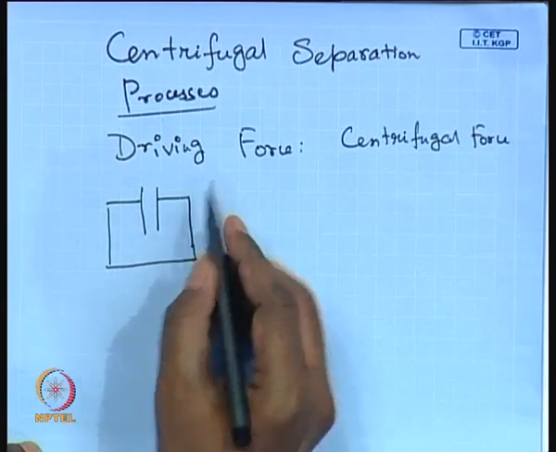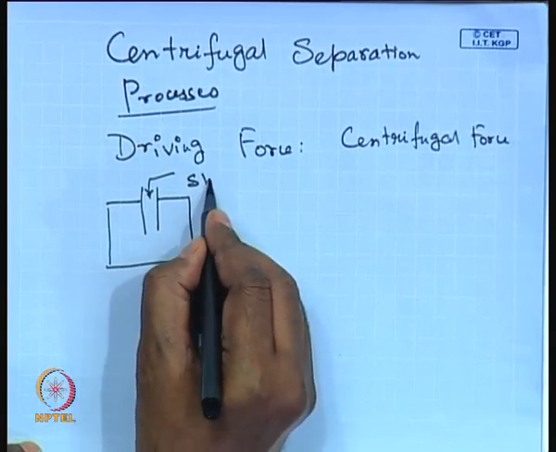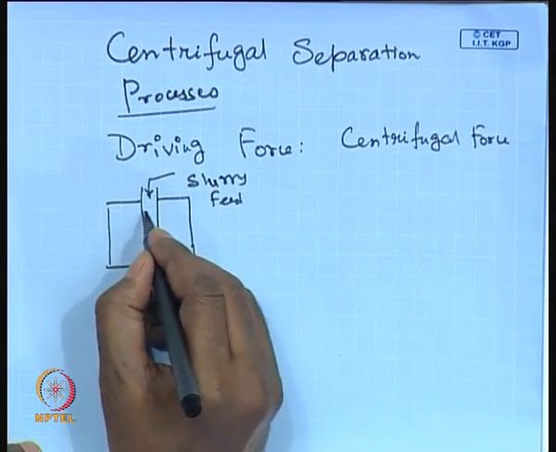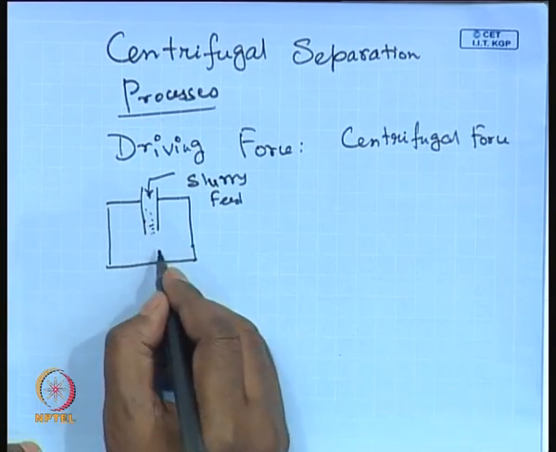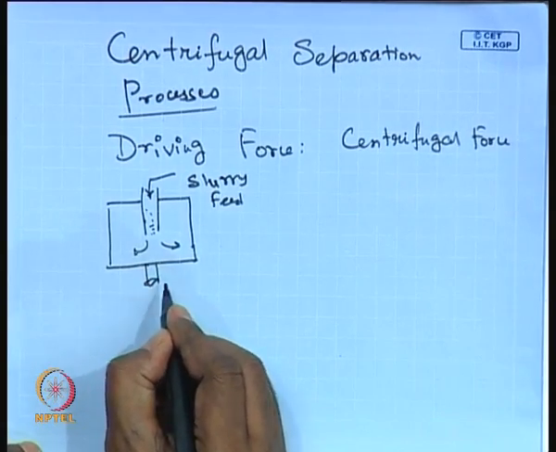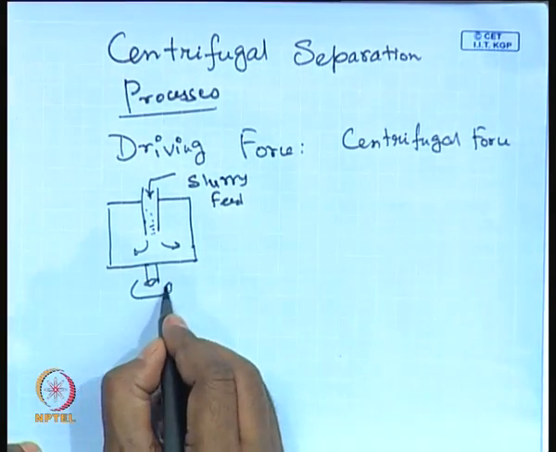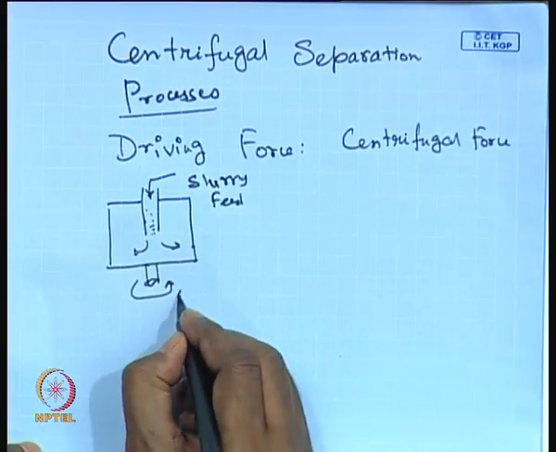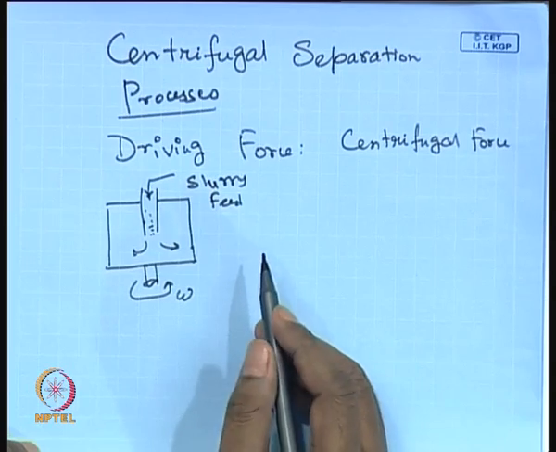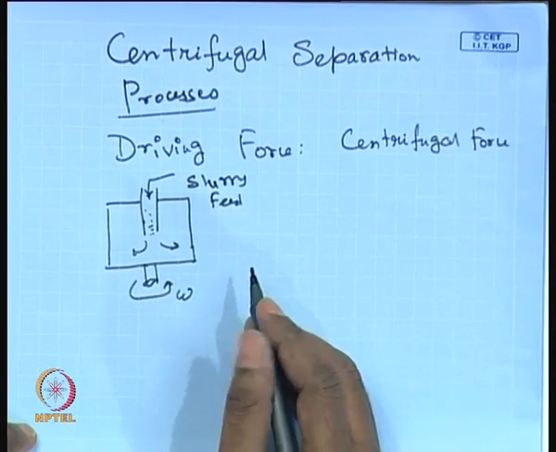So, this is the slurry feed going into the system, and the middle shaft will be rotating and the whole system will be rotating, and solid particles experience a force directed towards the wall.